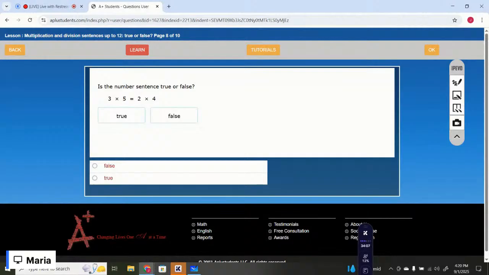Is the number sentence true or false? 3 times 5 equals 2 times 4. 3 times 5 is 15 and 2 times 4 is 8.